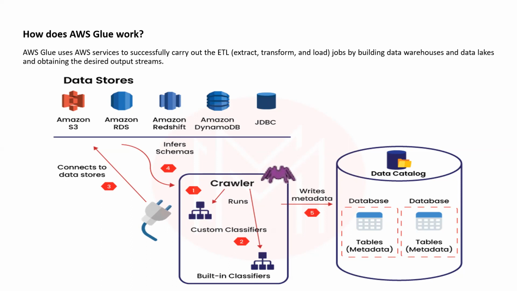This data is then sent and stored as metadata repository table definitions in your Glue Data Catalog. After the Glue Data Catalog is completely categorized, the data will be ETL ready, searchable and queryable. You can build any query.